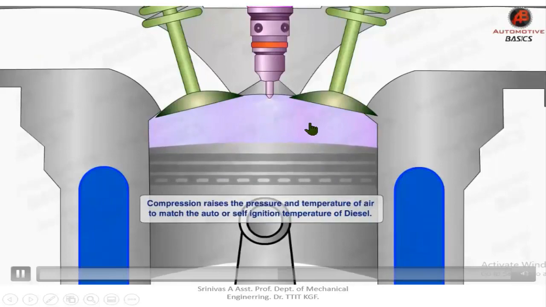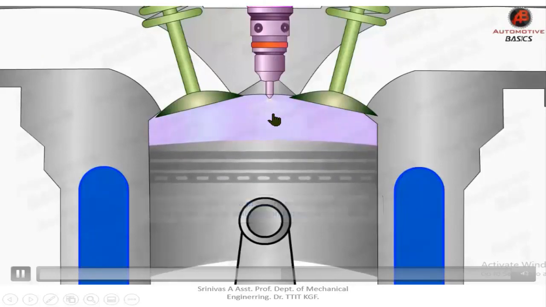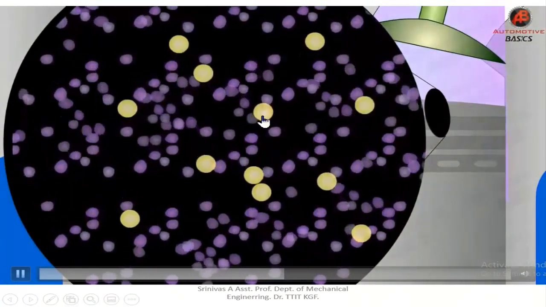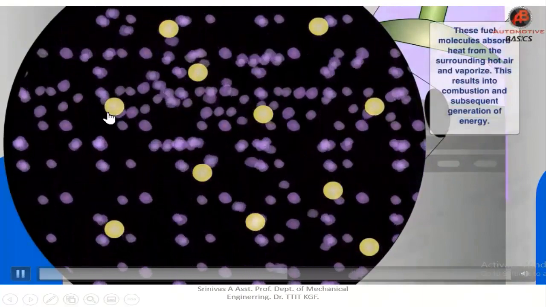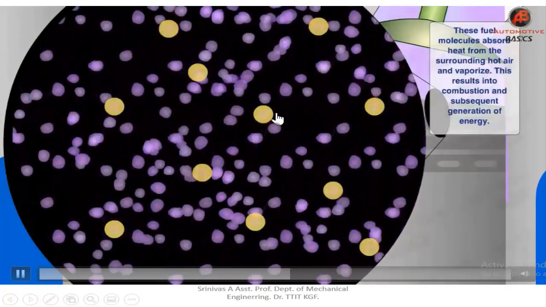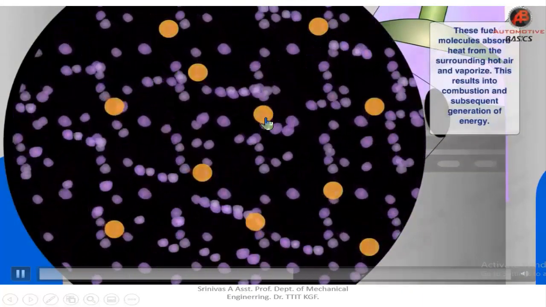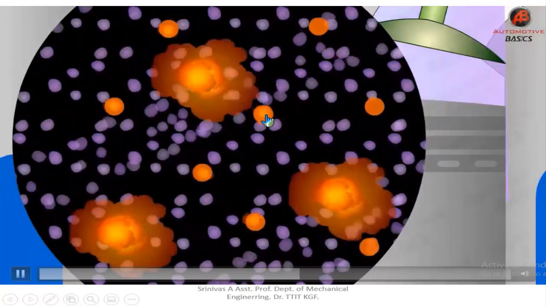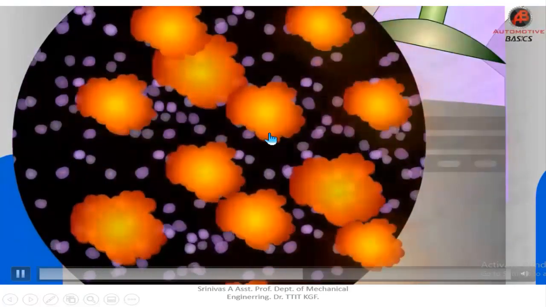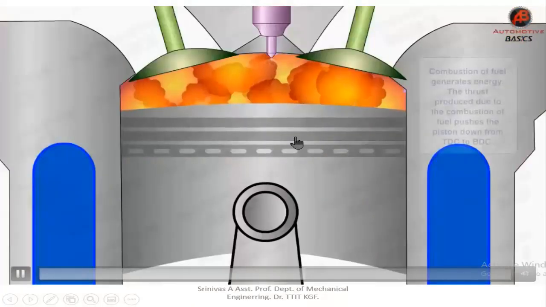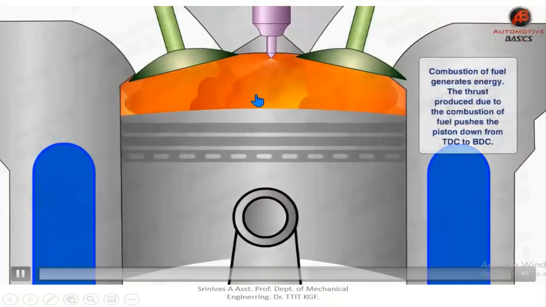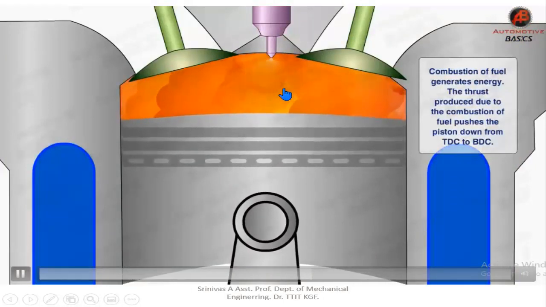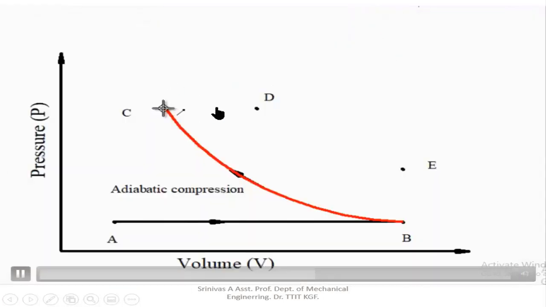As I already explained for self-ignition, because of the high temperature the fuel molecules begin to burn. All the fuel is self-ignited and starts burning. The entire atomized droplets boil and burn, and this process takes place at constant pressure.